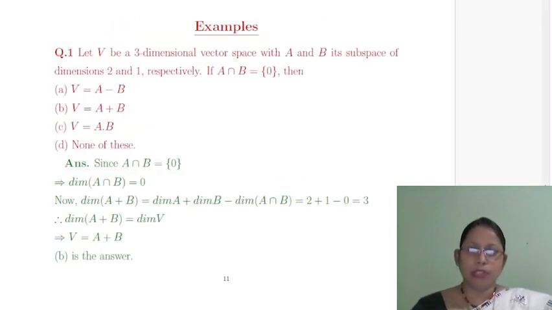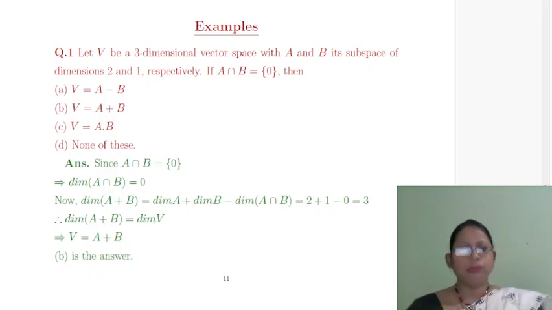Next is an example. Let V be a three-dimensional vector space with A and B its subspaces of dimension 2 and 1 respectively. If A intersection B is 0, then check which of the following is correct. Answer: since A intersection B is equal to 0, the dimension of A intersection B is 0.